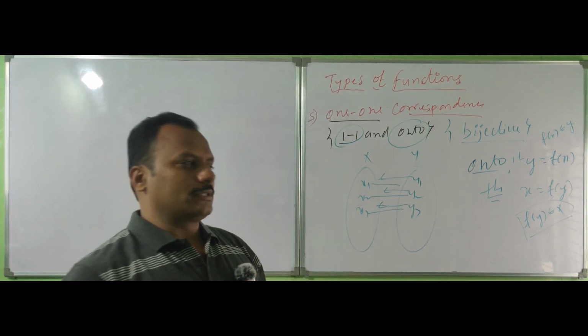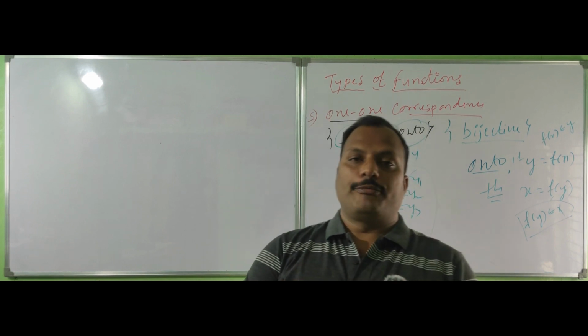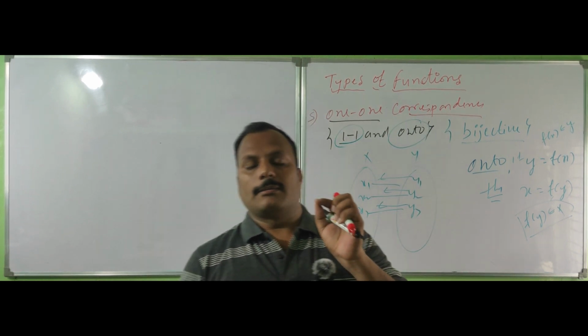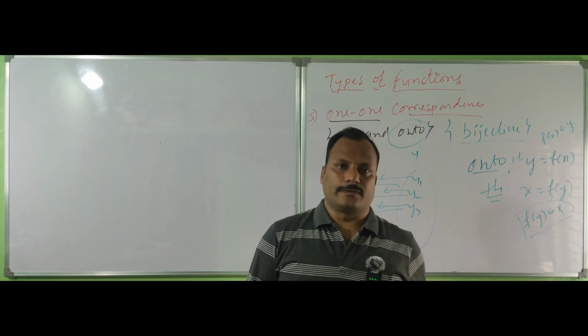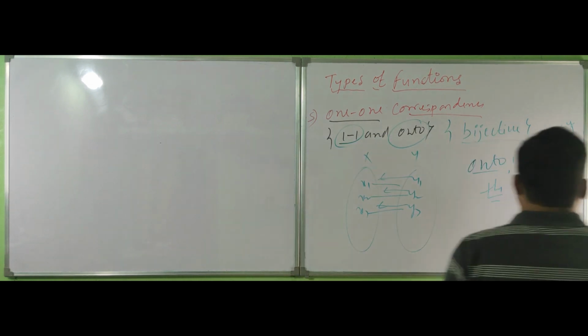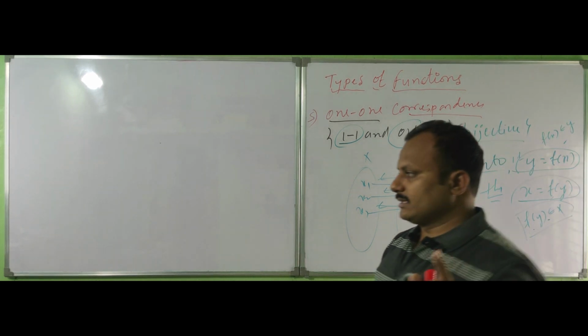Every image must have a pre-image. If y is equal to f of x and f of x belongs to Y, then x is equal to f of y and f of y belongs to X. These are the important conditions.